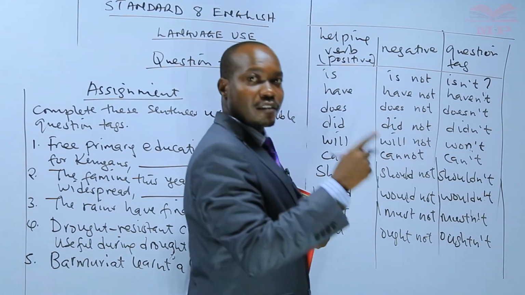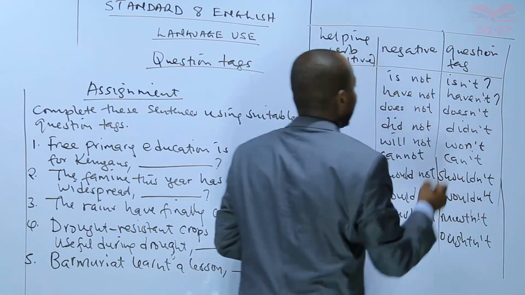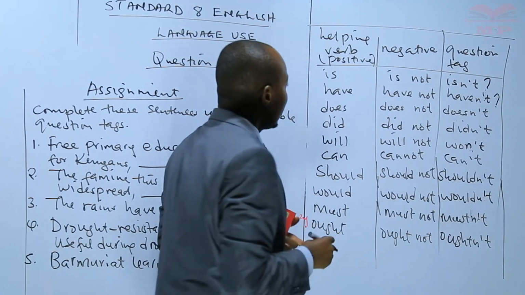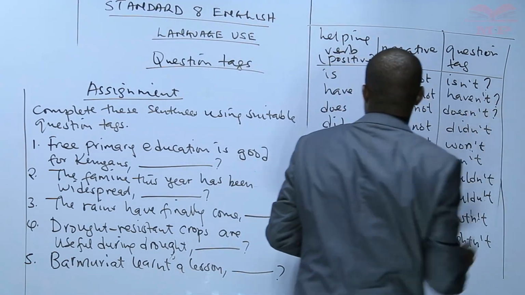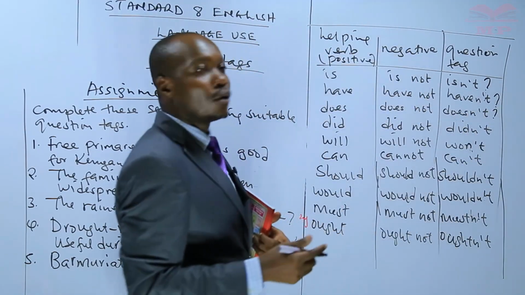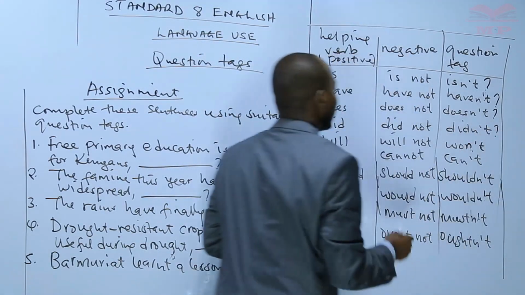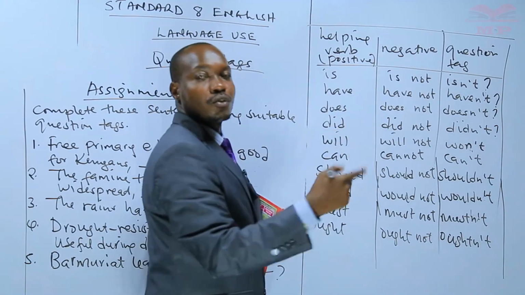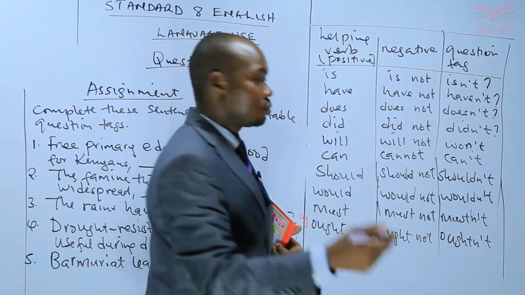Have not, haven't. Does not, doesn't. Did not, didn't. Will not, won't. You say won't, not willn't. Don't say willn't you, you say won't you.